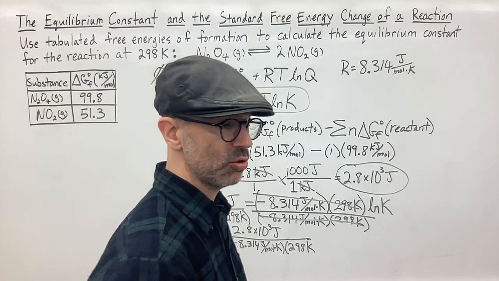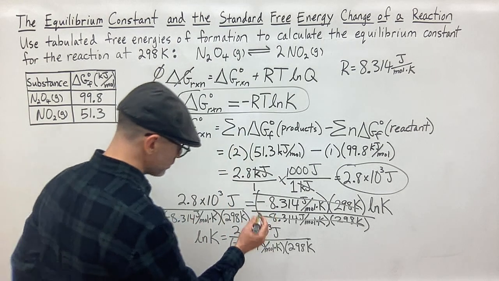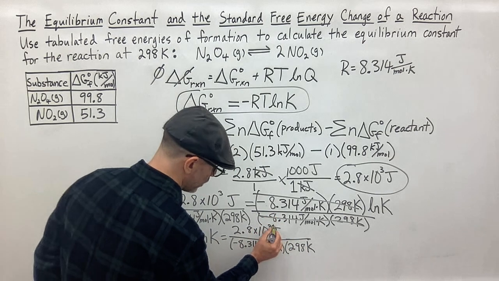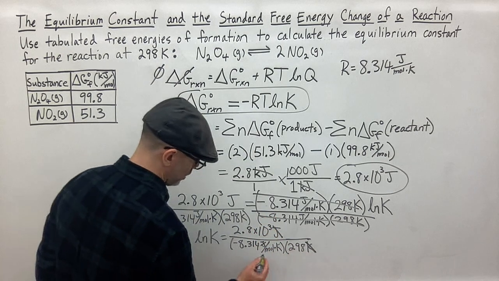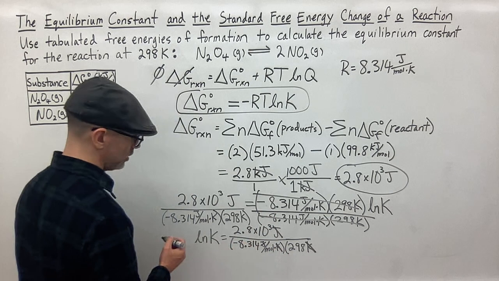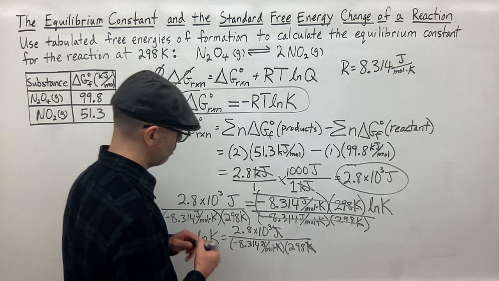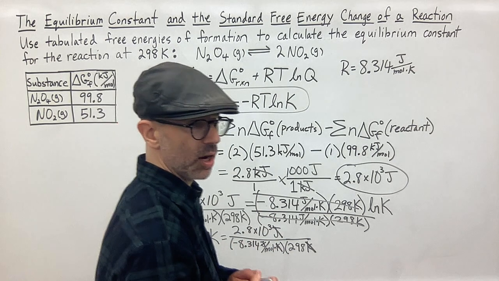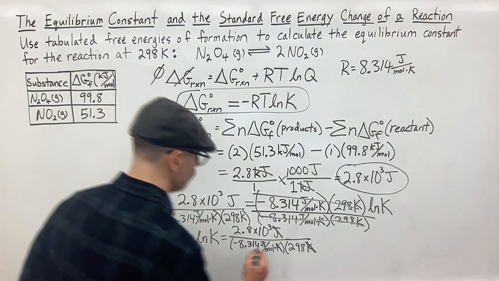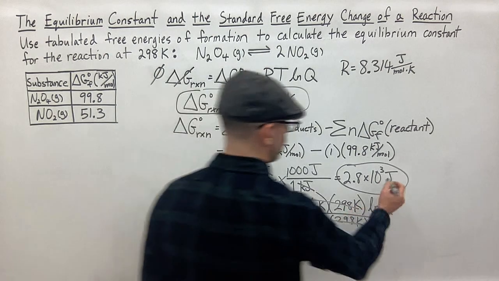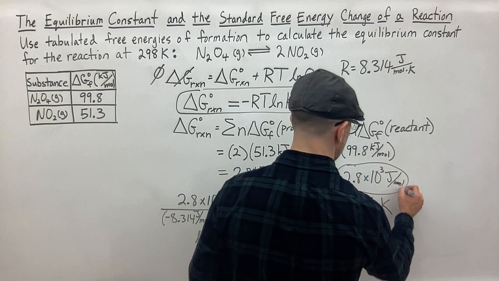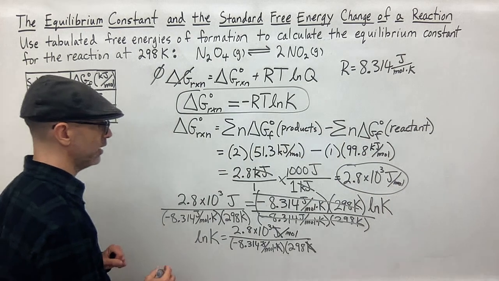And when we do, I should point out that the joules are going to cancel out and Kelvin is going to cancel out. And so I'm left with moles, I forgot. This is, again, joules per mole. I didn't write the joules per mole here. This is actually joules per mole, FYI, right?